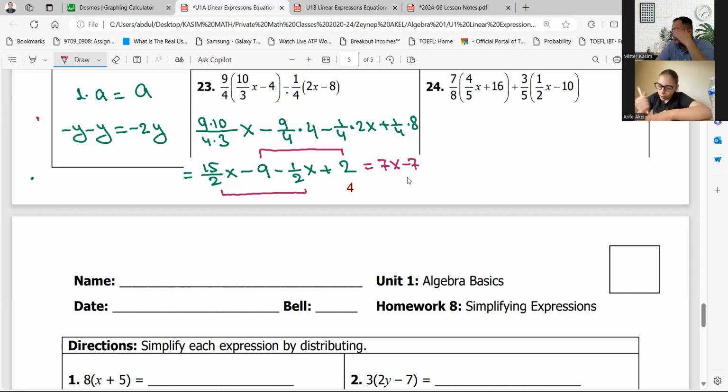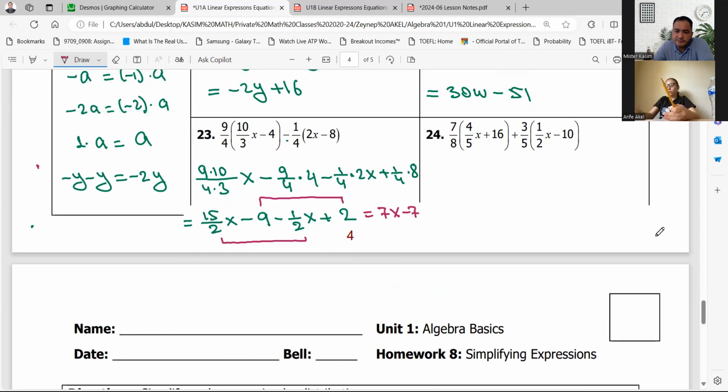This fraction work on rational numbers, maybe 1 hour, maybe 2 hours, we have to practice rational numbers because we're going to see this kind of rational numbers a lot in equations. Zainab, now try to do 24 in your notebook. First, write down 23. When you write, also try to understand the steps, okay?